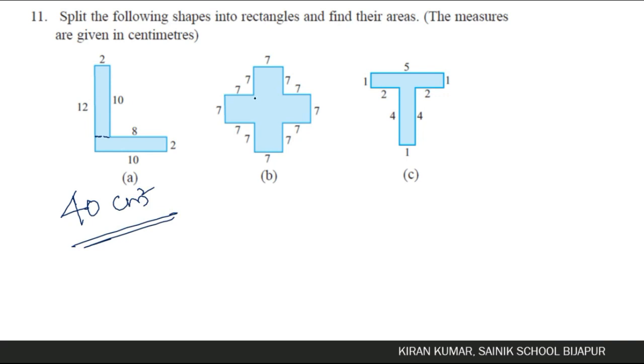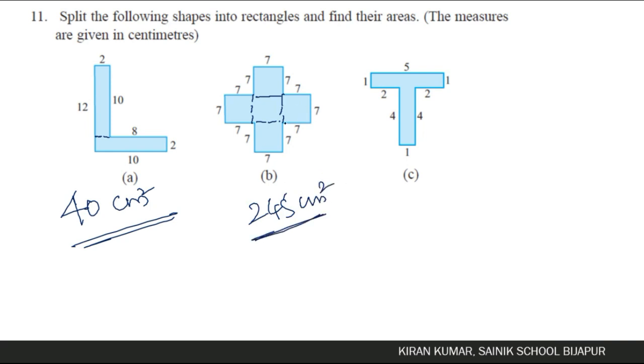For this, if you connect in this fashion, the center part will be a square, and we can easily find the area of all the squares. Here actually there are 5 squares, 5 times 49, 245 will be the answer.